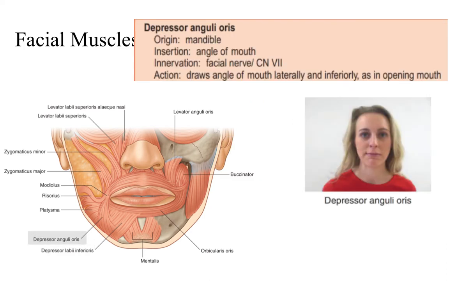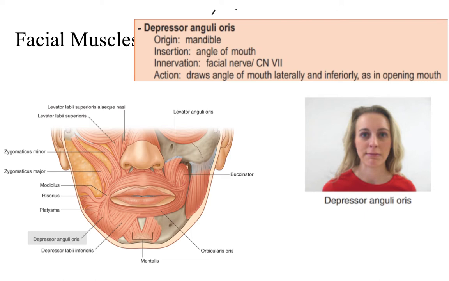All right, if you haven't figured out by now, many of the muscles of facial expression are named according to where they are or what they do. So if you pay attention to the name, you get a pretty good guess as to what the function of the muscle is and maybe where it's located. A depressor says something's going down. Anguli means that it would be going at an angle, and oris tells you at the mouth.